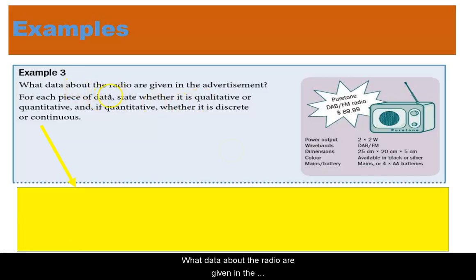What data about the radio are given in the advertisement? For each piece of data, state whether it is qualitative or quantitative. If quantitative, whether it is discrete or continuous. Now let's look at the data that we are given.